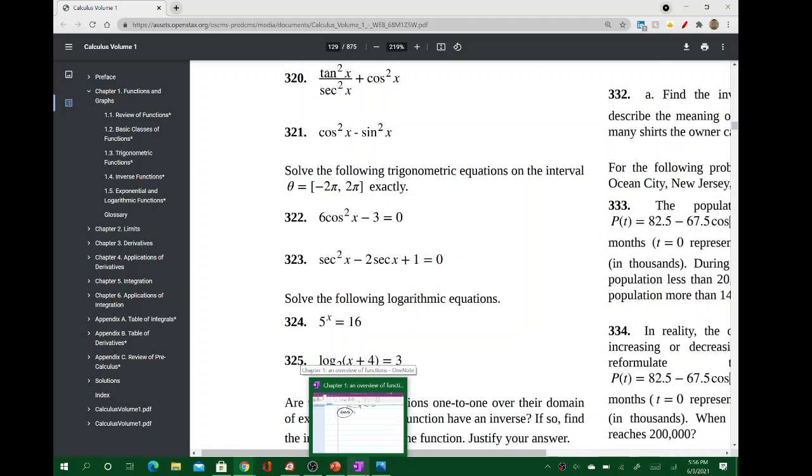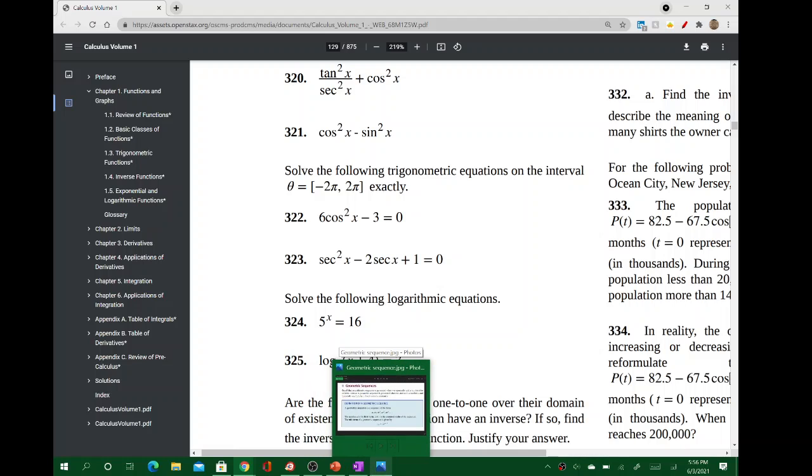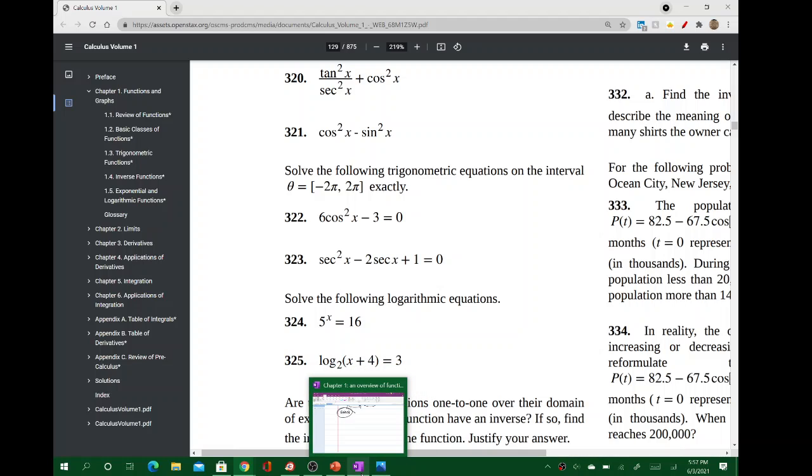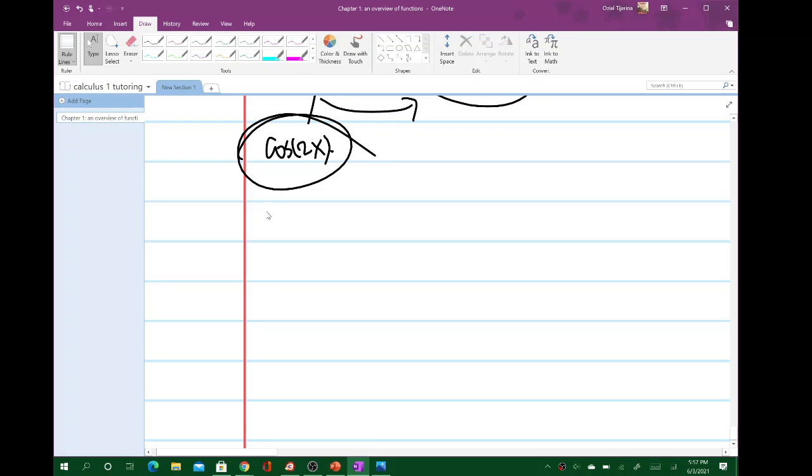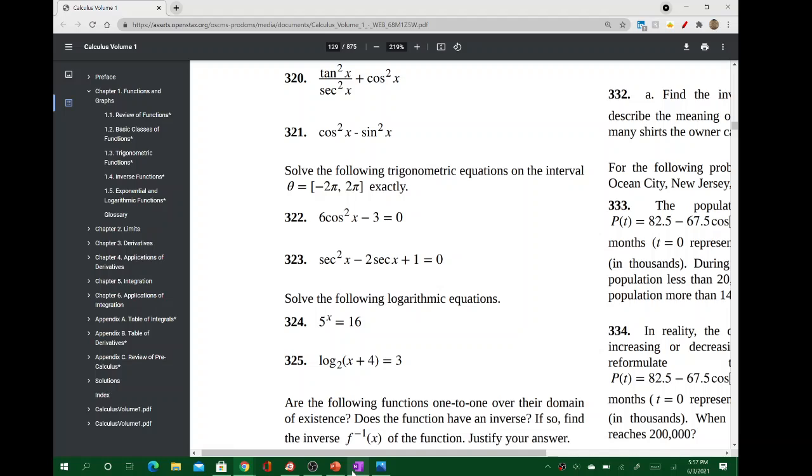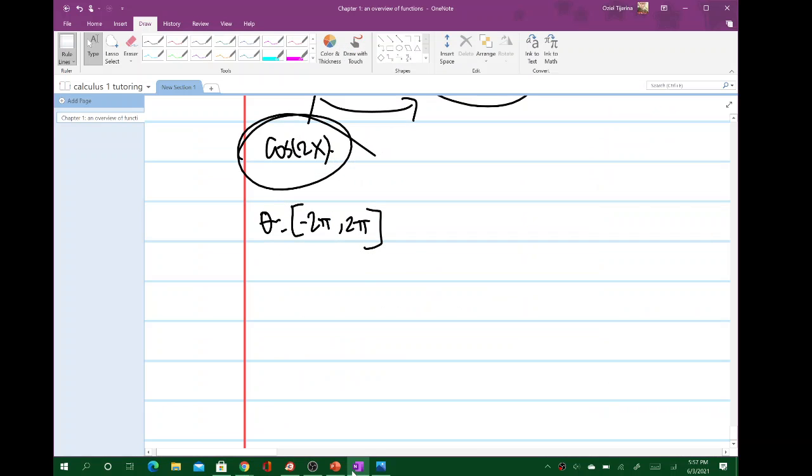Okay, so it says solve the following trigonometric equations on the interval theta equals negative 2 pi to 2 pi exactly. Even though we briefly went over trigonometric equations, there's a way to do this, right?